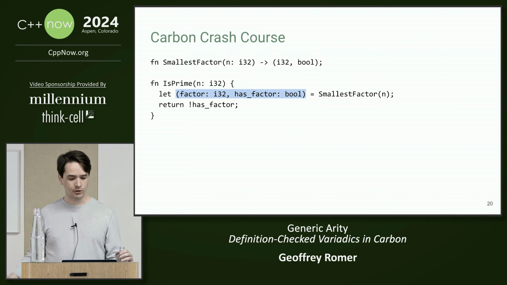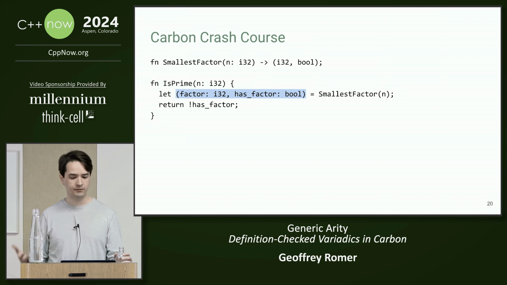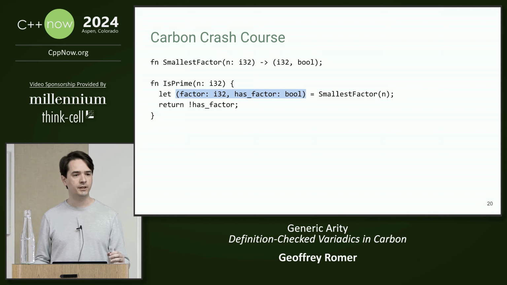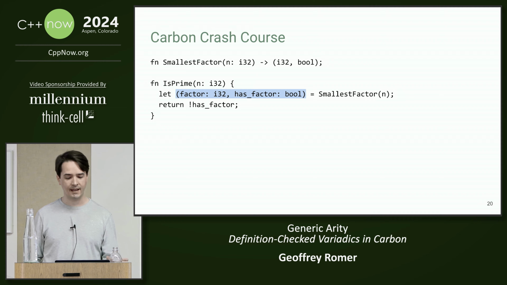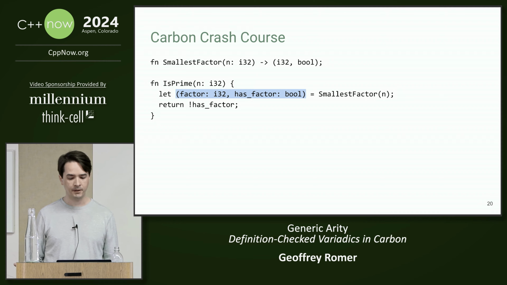Okay, so as a whole, this pattern matches a tuple whose first element is I32, second element is convertible to bool, and binds the names factor and has factor to those converted elements. You might have noticed this tuple pattern has the same syntax as a function parameter list, and that's not an accident. A function parameter list in Carbon is a tuple pattern.